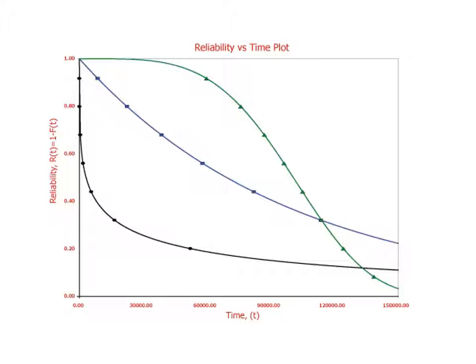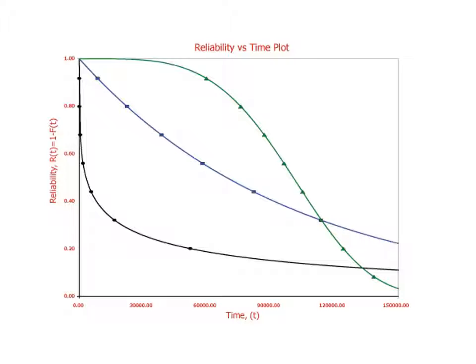So if we go all the way to the left on the x-axis and we're at time 0, we have 100% reliability, which means that the probability of this system component lasting at least 0 time periods is 1, or 100%, right? And as you go out further into time, the probability goes down, right? So the reliability, or the probability that the system's still going to be working past a certain time point, starts to decline. But for these 3 different distributions, or 3 different systems here, you have much different looking reliability functions.